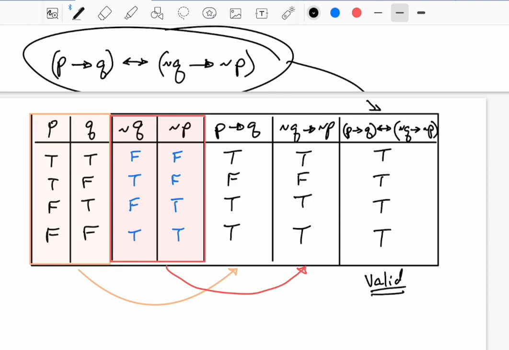Every circumstance leads to a true outcome. So no matter what the arrangement is of trues and falses in the P's and Q's to get started, the outcome is always going to be true. Also known as a tautology, but valid is a much shorter word. So we go with that.